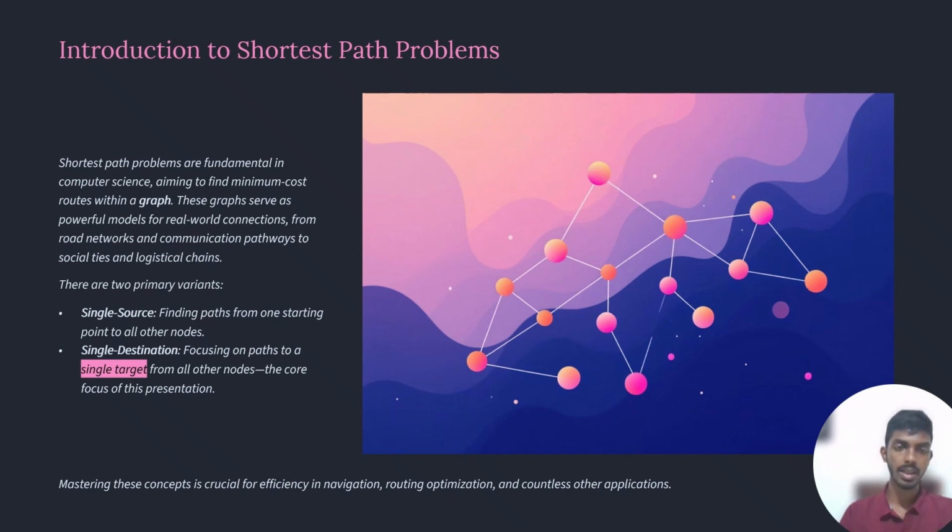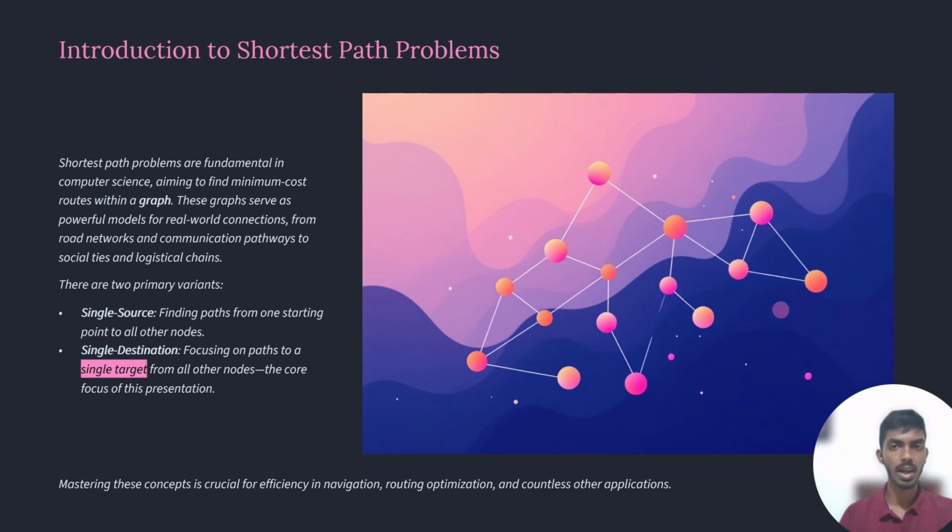And also there are two big versions of this: single source and single destination. Now, the single source means from one starting point to everywhere, and the single destination is from everywhere to one single fixed target.